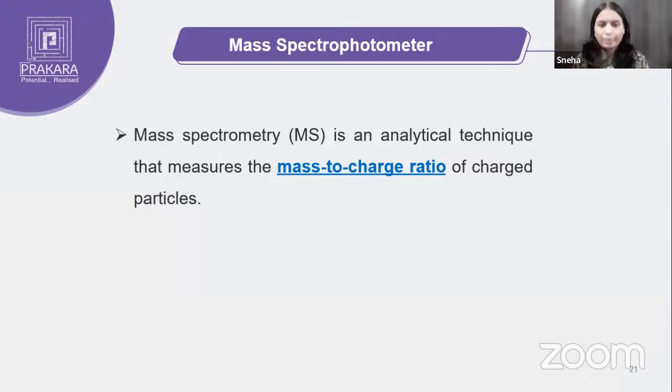In the mass spectrophotometer, we will get peaks. In that, one peak will always have 100% intensity. That 100% intensity peak is also called the base peak. So these things we can identify through the mass spectrophotometer.